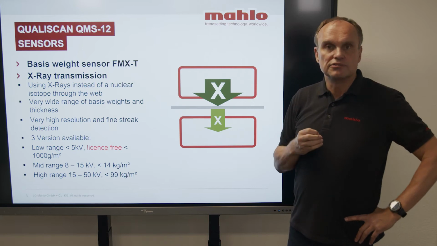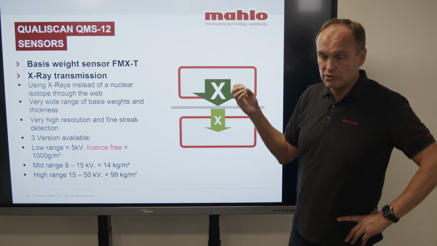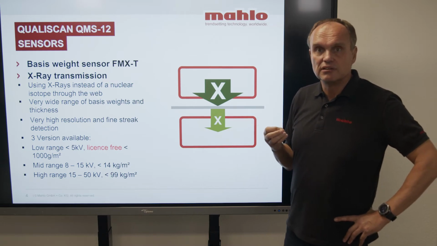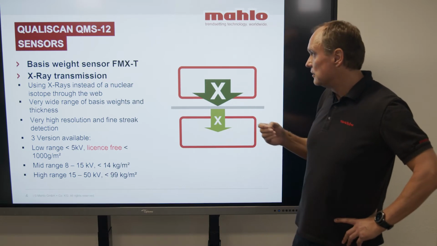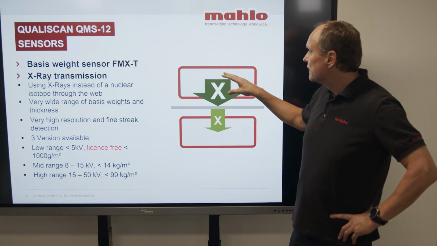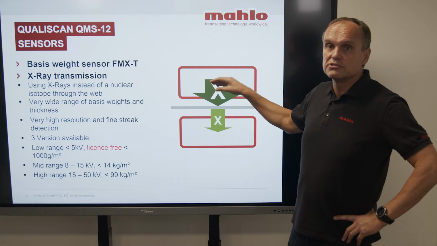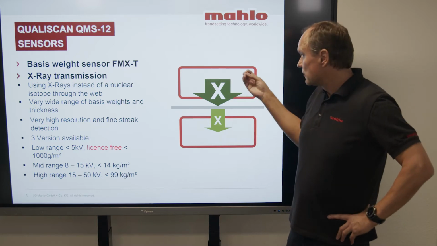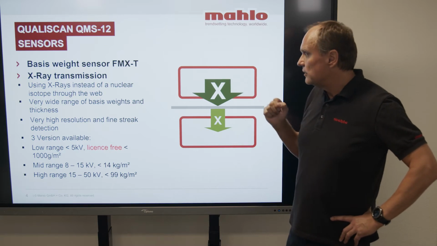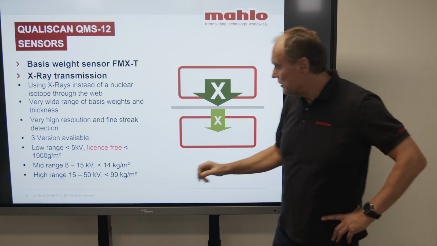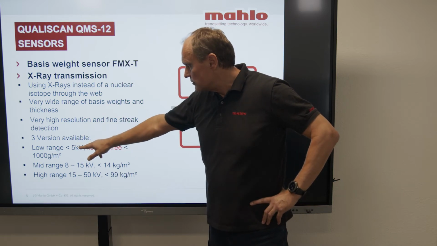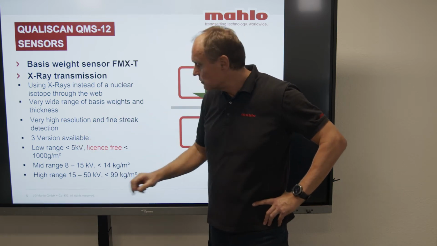The alternative to the beta gauge is an X-ray gauge. It works very similarly to a beta gauge, with the difference that the radiation comes from an X-ray tube. And this X-ray tube can have different energy. We have three sizes. One is below 5 kilovolt.